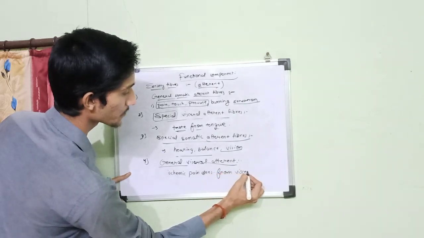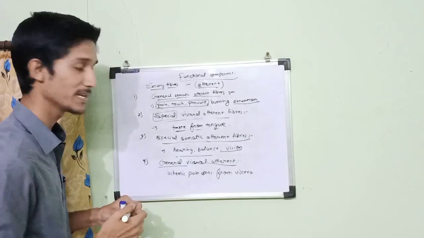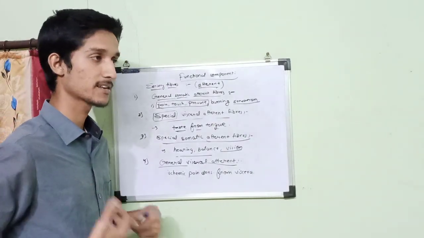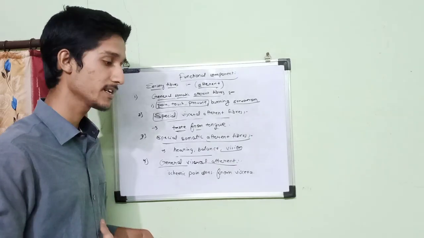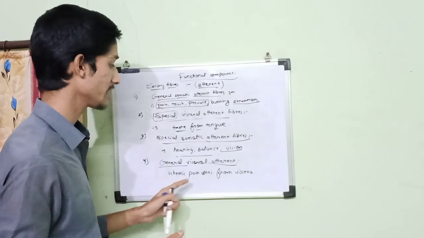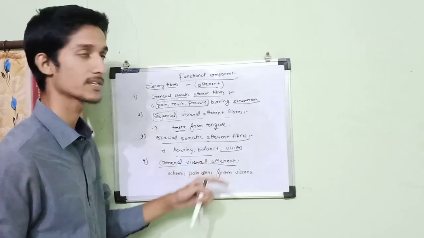It means if we have any pain sensations developing due to ischemia within our viscera, like lungs, stomach, due to the lack of oxygen, they are going to be carried out by the general visceral afferent fibers.